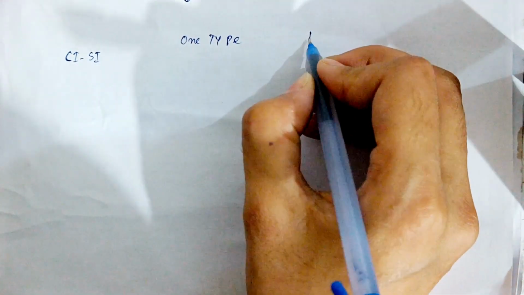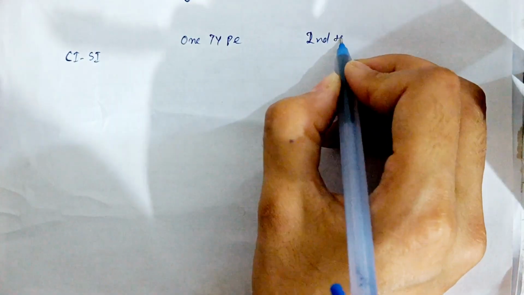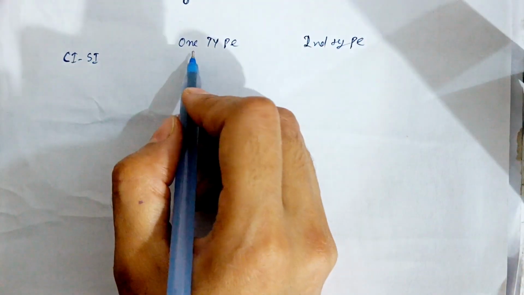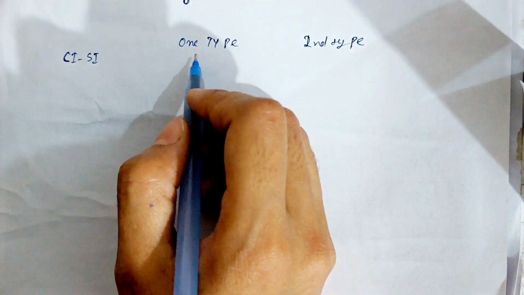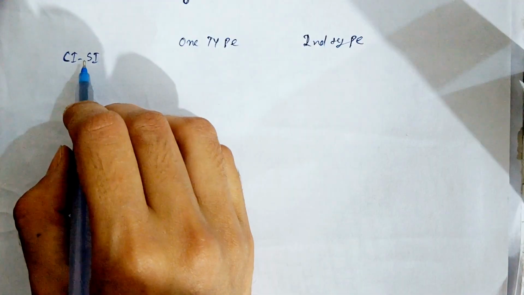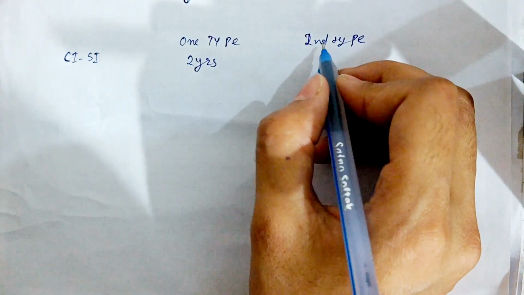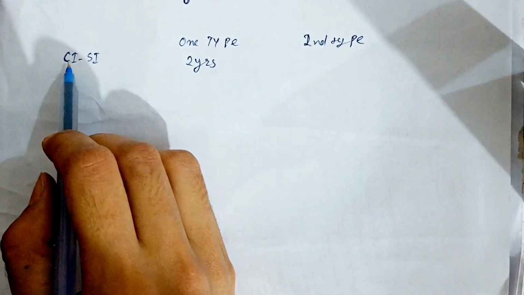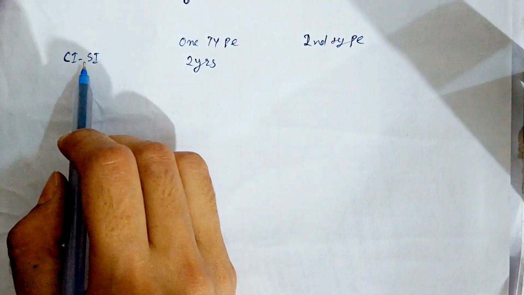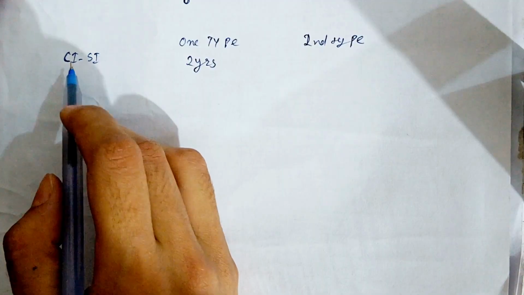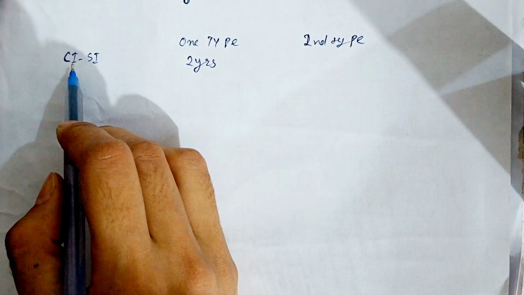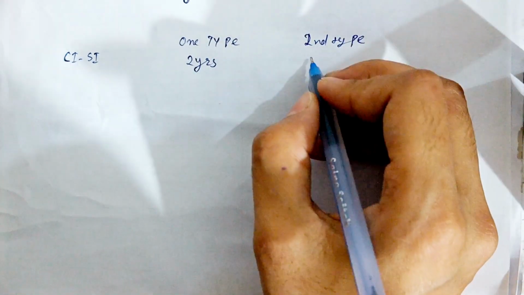There are two types of questions. In one type, the difference between CI and SI is asked for 2 years, and in the second type, the time given is 3 years.